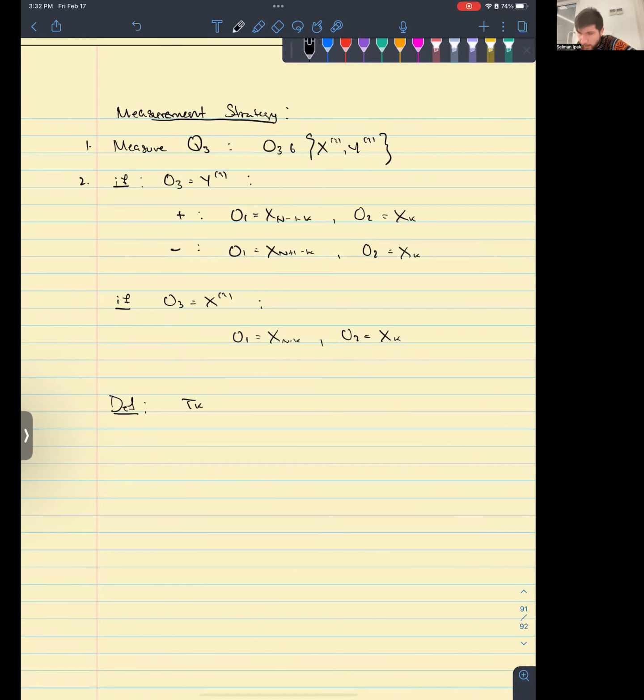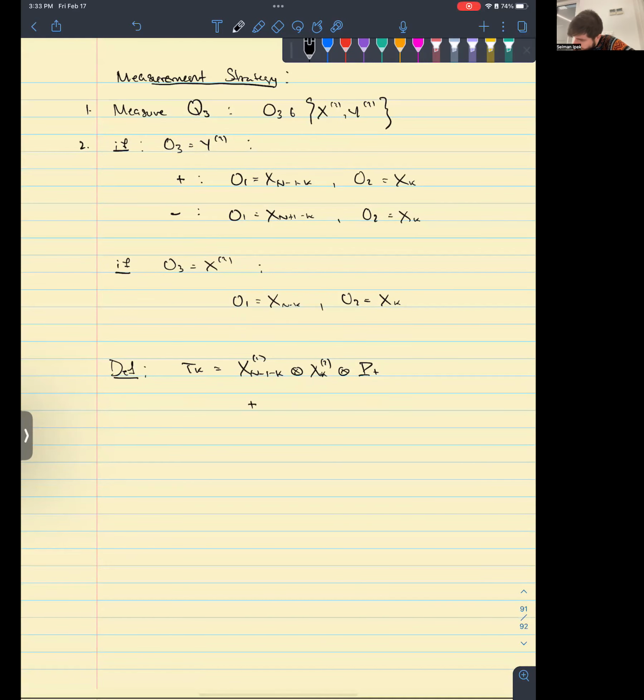We have that tau_k, my apologies, is x_{n-1-k} tensor x_k^2 tensor P_plus, which is the projector onto the positive 1 eigenvalue subspace of the third qubit, plus x_{n+1-k} on the first qubit, x_k^2 tensor P_minus.